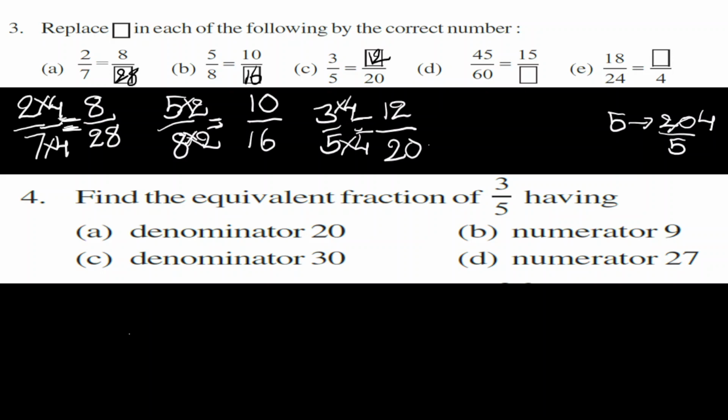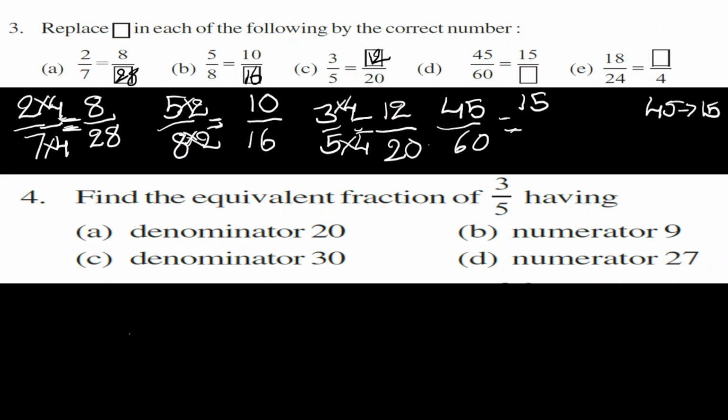Now let's come to the next problem. Here 45 by 60. We need to find out the equivalent fraction of 45 by 60 which has the numerator 15. Here the numerator 45 becomes 15. So we need to divide. 15 3s are 45.